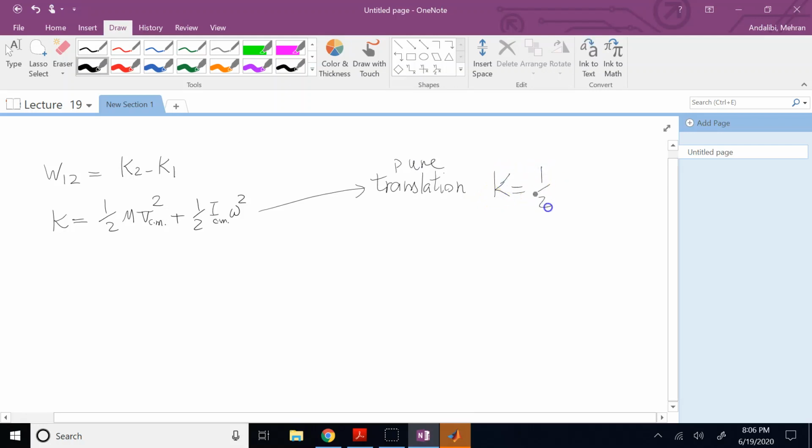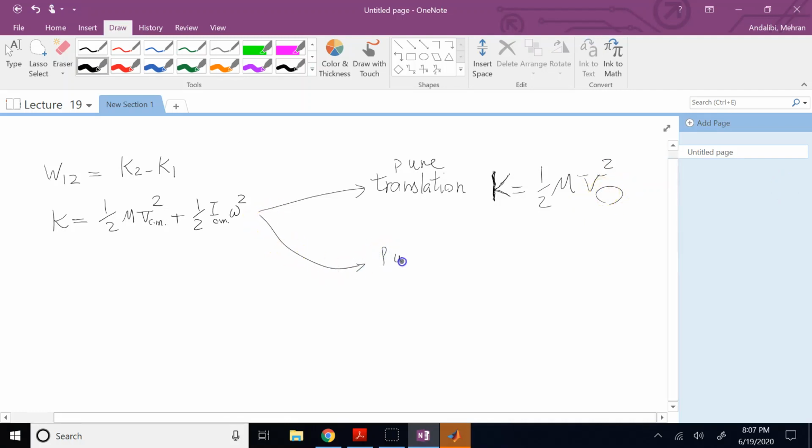Only 1/2 m v squared. And here, when the object has pure translation, the velocity of the centroid is the same as velocity at any other point on the rigid body. That's the condition for translation. So here, this can be written like this, and this reference point does not matter because it can be any arbitrary point when you do pure translation.